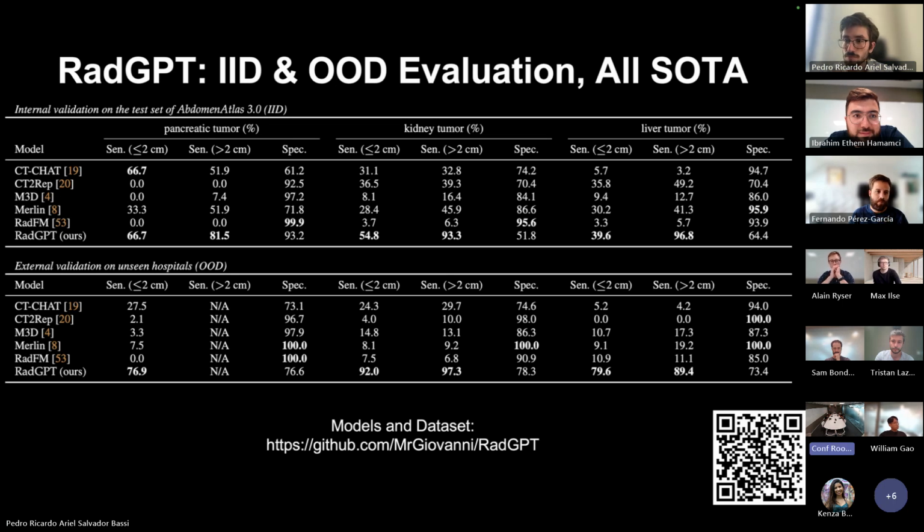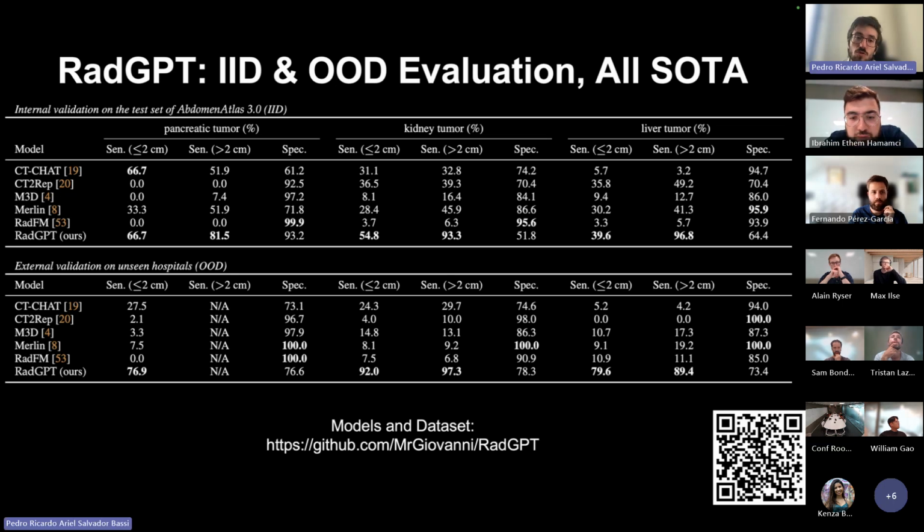Maybe a follow-up to that table. You're showing sensitivity and specificity, but for some models, it feels a bit arbitrary, like RadFM not finding anything at all and then having specificity really high. Do you also measure F1s or something like that, which might compensate a bit more for that? We do have F1 in the paper, but not in this main table.